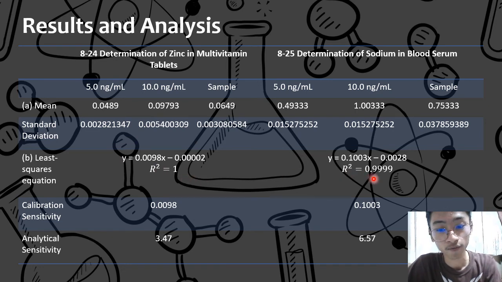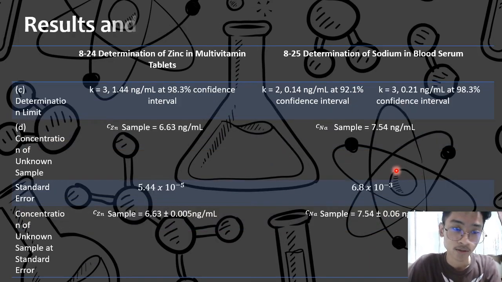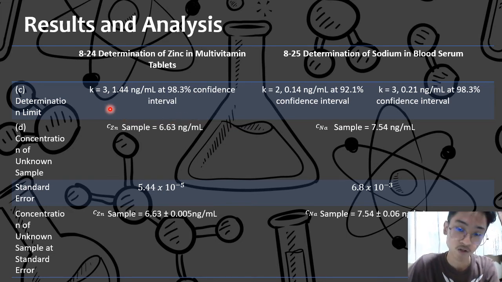The r squared values are very close. The calibration sensitivity and the analytical sensitivity are shown. Next are the detection limits for the k values of 2 and 3.